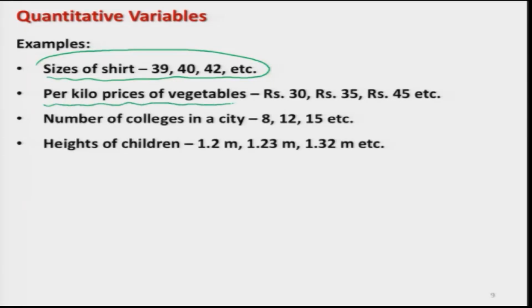And similarly, if I take an example of the cost or the price of a vegetable, say per kg price of some vegetable. This price can be 30 rupees a kilo, 35 rupees a kilo, 40 rupees a kilo, 45 rupees a kilo. What does this mean? Once I say you have to give 35 rupees for 1 kilo of the vegetable, you know what you have to give.